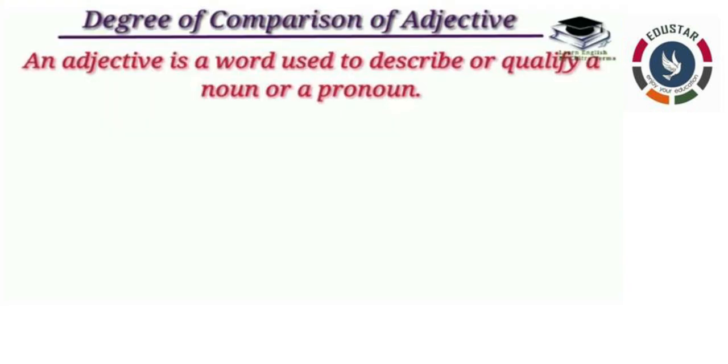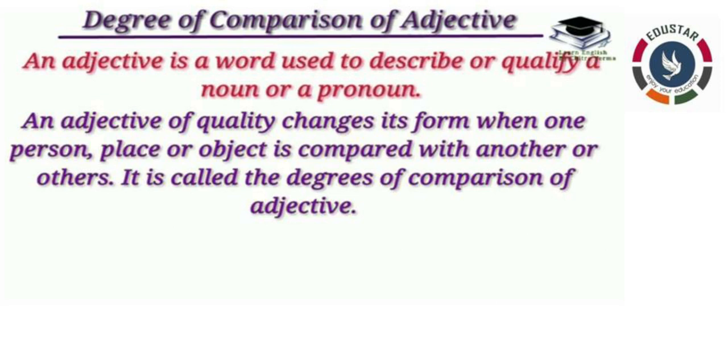Before moving into that, you should know what is an adjective. Already we have learned, right? An adjective is a word used to describe or qualify a noun or a pronoun, right? Can you remember that? Then, what is adjective of comparison?